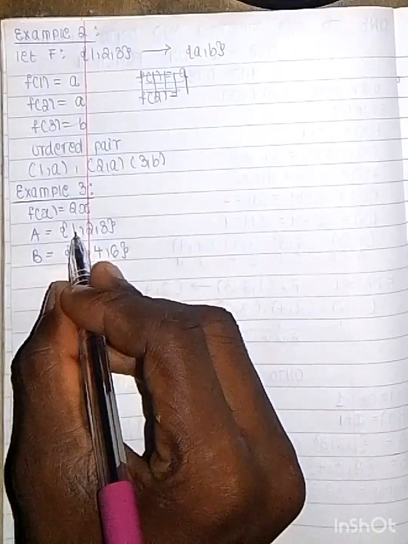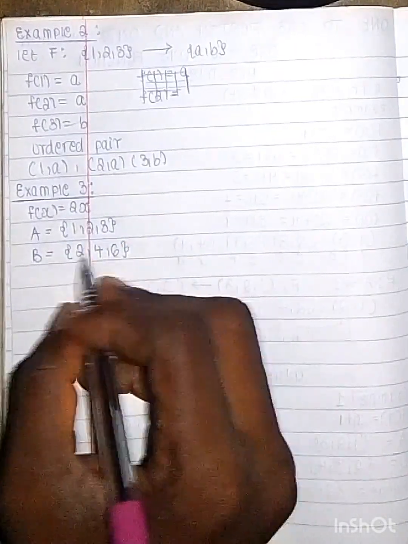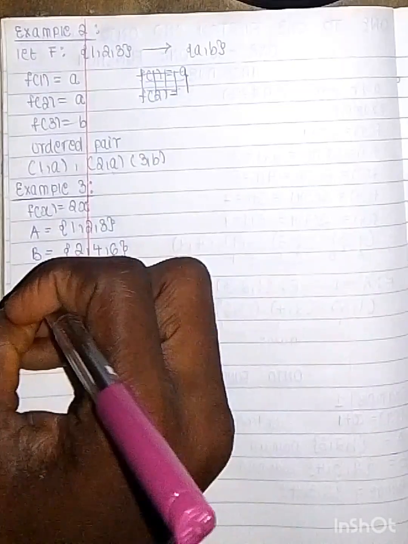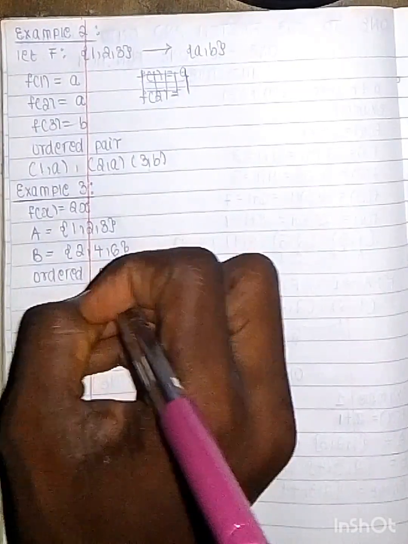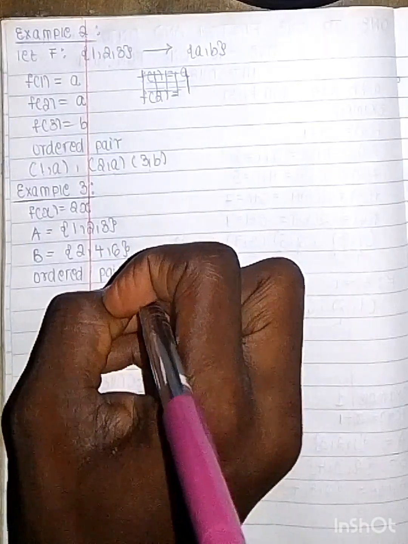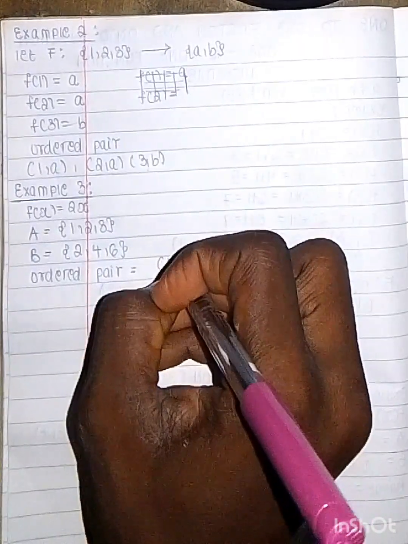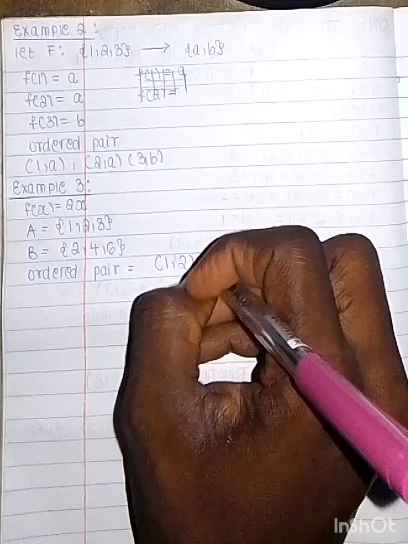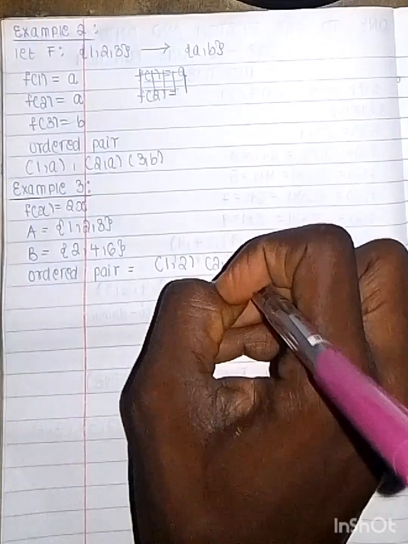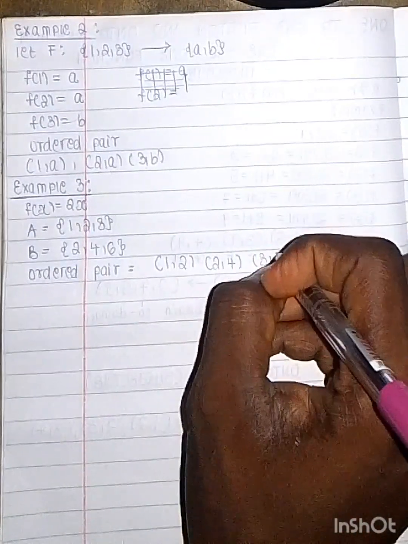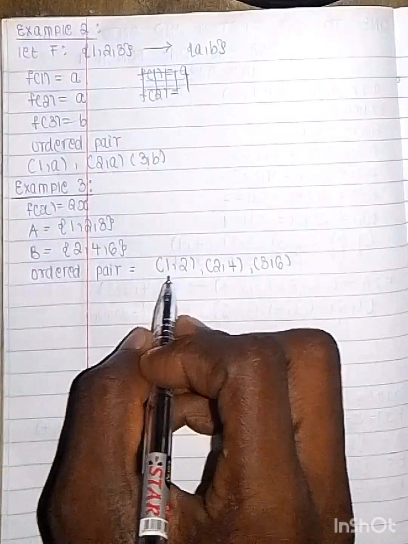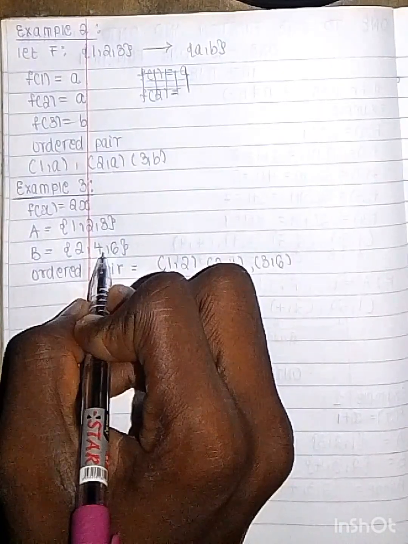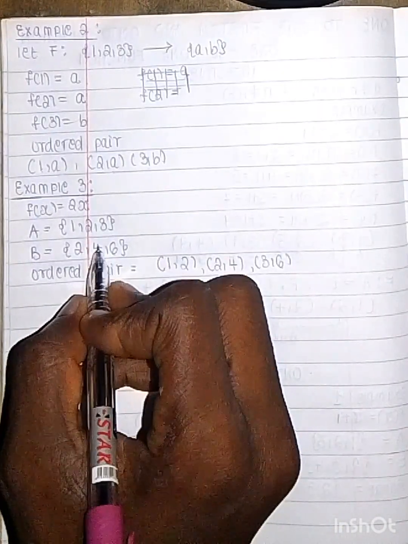Once you input these values, the ordered pair is 1, 2, 2, 4, 3, 6. Now, you can see that every element in B is used.